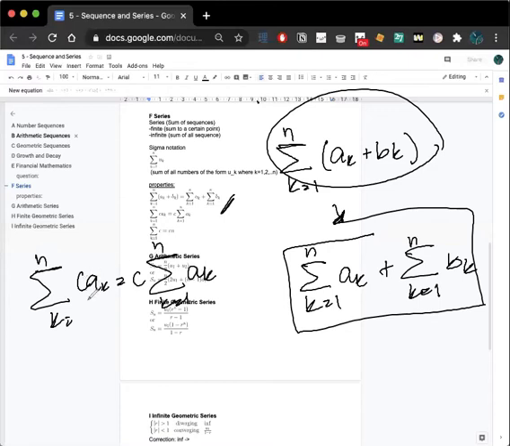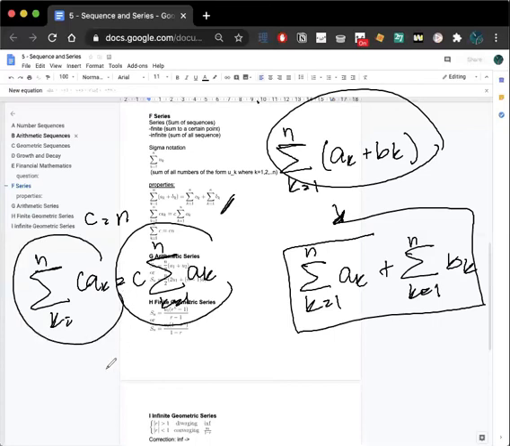Assuming that C is a constant, which is basically a number that has the same value every time, this is possible because it's kind of like saying, for example, from k equals 1 to 3, and let's just say c is 5, 5 a_k.